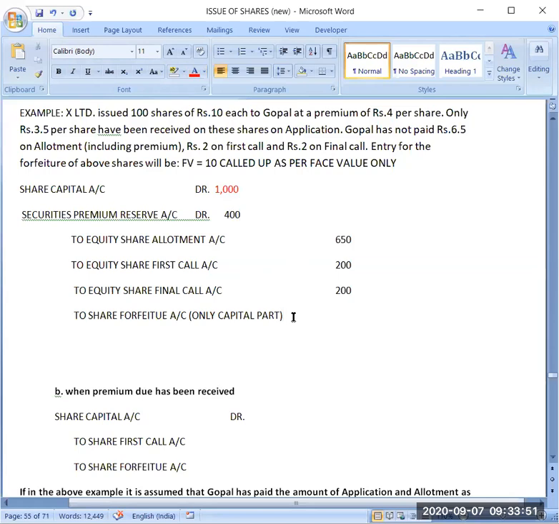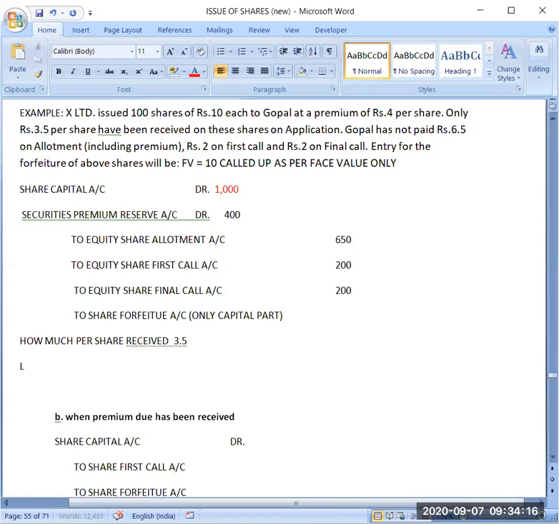So now, how much per share you have received? First decide that. I am writing the steps. How much per share received? Yes, rupees 3.5. Less premium received.